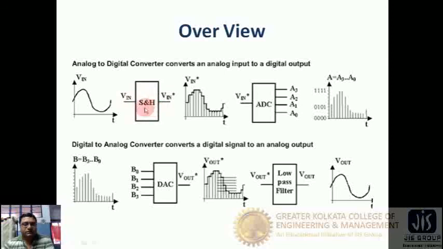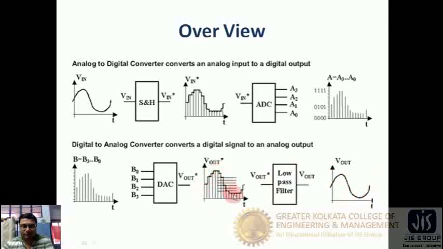The sample and hold circuit produces the sample output of the signal, and they are quantized, and with the help of the ADC they are encoded into certain codes, and these codes are transmitted over the channel, and these binary digital data are collected at the receiver end, and we convert the digital signal to analog with the help of the digital to analog converter, and at the end a low pass filter is used to get the proper shape of the analog signal from the digital signal.